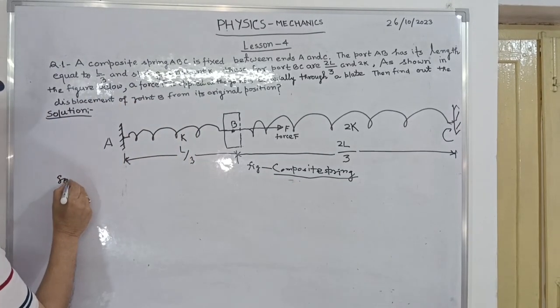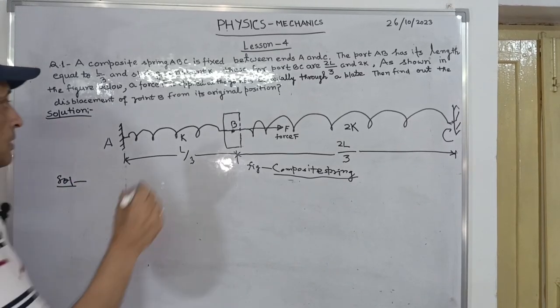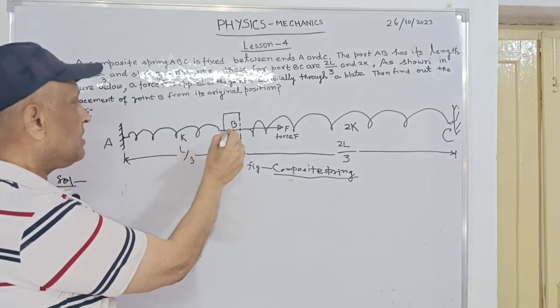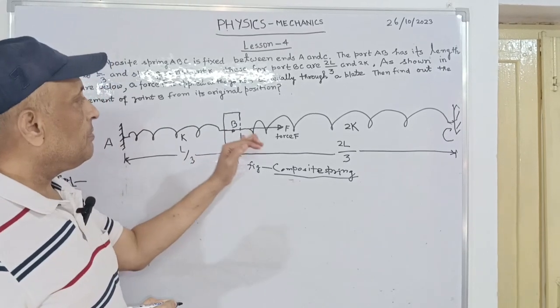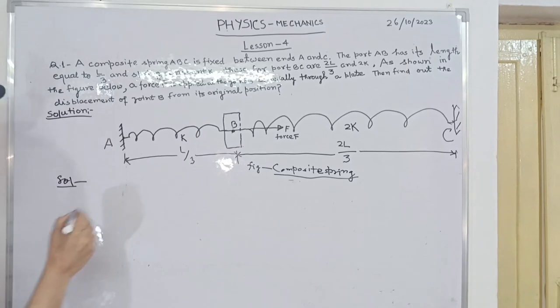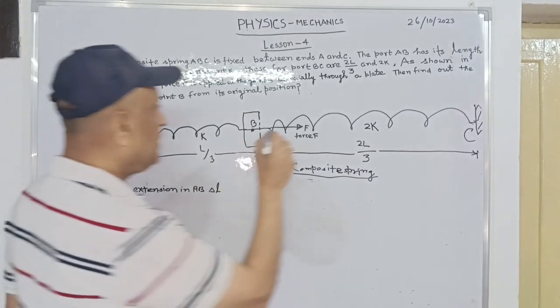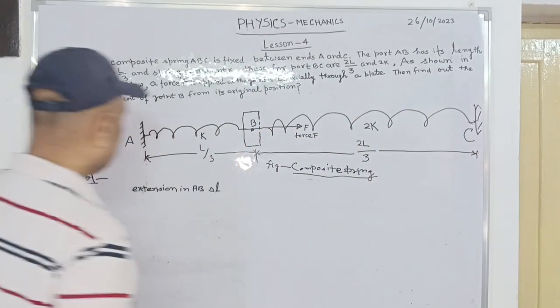Solution. Here, the extension in part AB will be equal to the compression in part BC. The extension in part AB will naturally be equal to the compression in part BC.